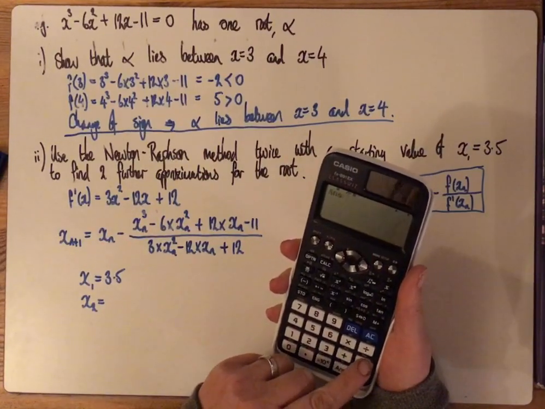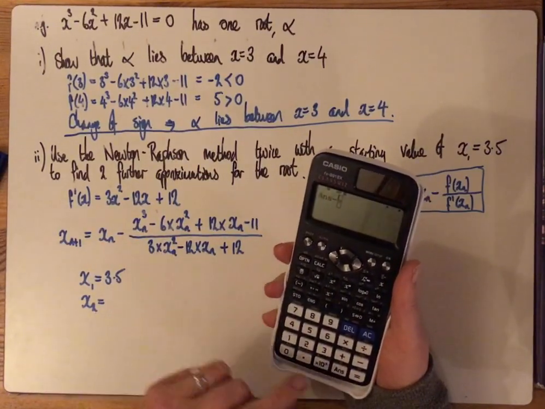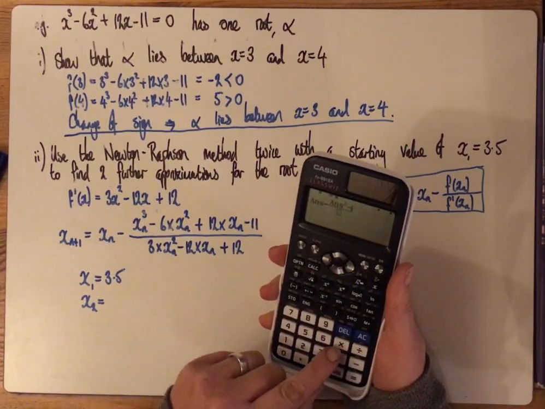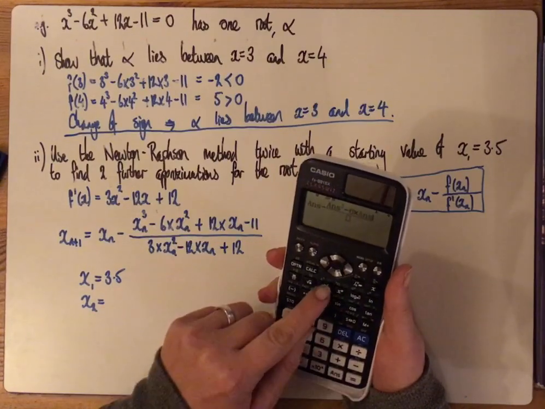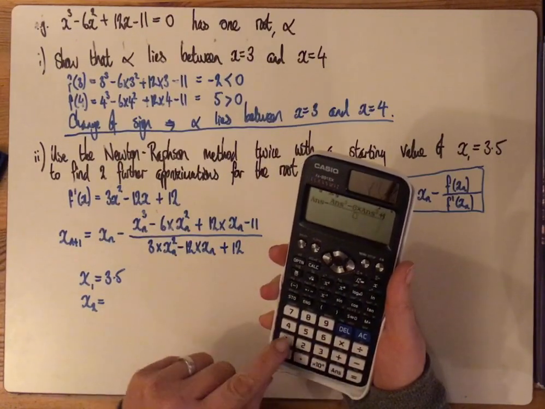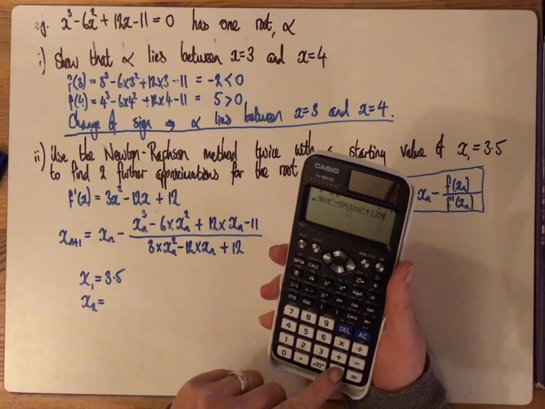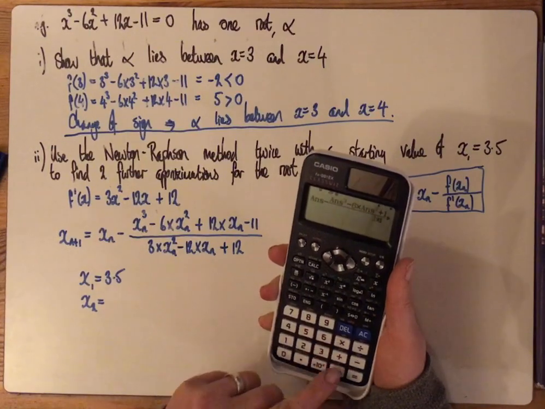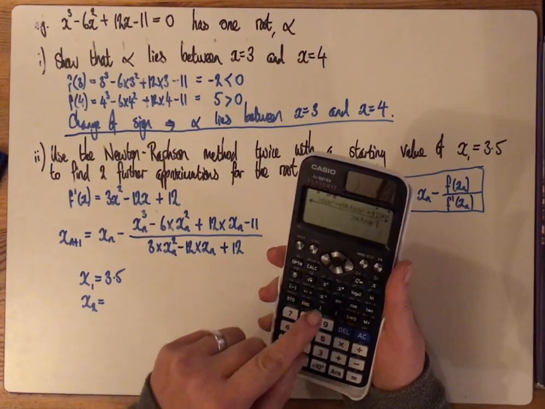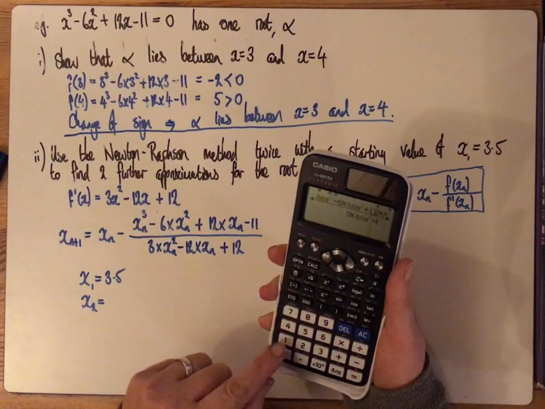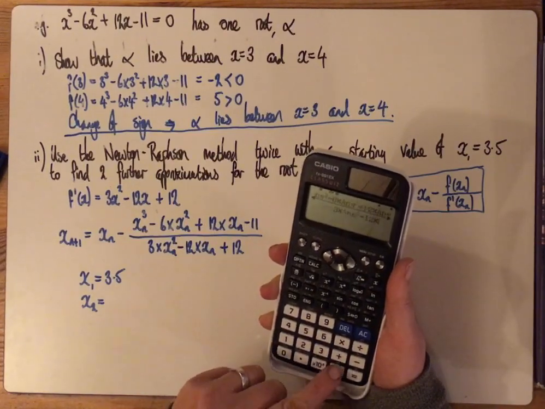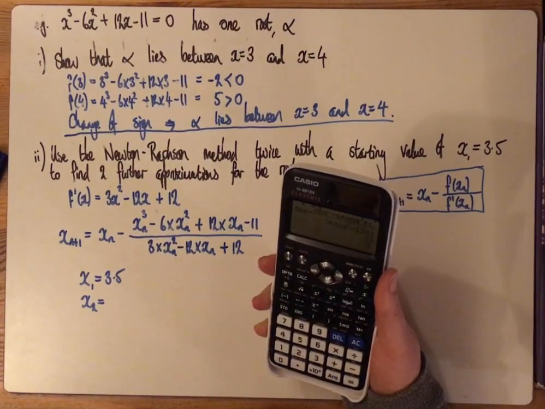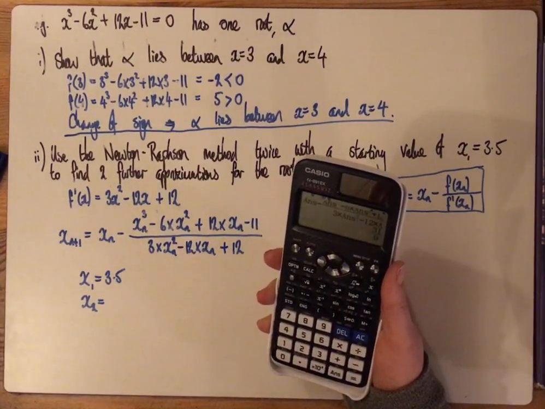So it's answer minus, and then I've got a fraction, so it's answer cubed minus 6 times answer squared plus 12 times answer minus 11 all over 3 times answer squared minus 12 times answer plus 12. And then your first one comes out as being 31 over 9.